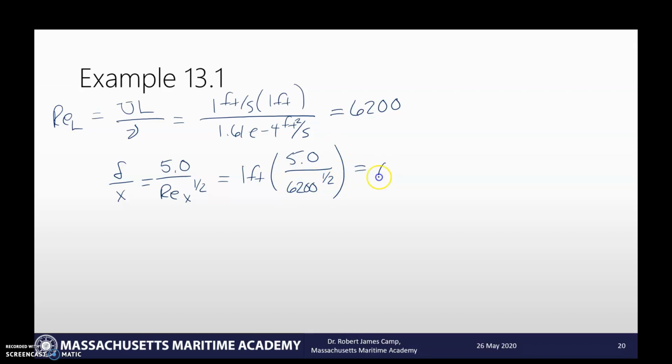And we calculate that out, and it's going to be 0.0634 feet, which is about 3/4 of an inch of air. That's kind of small. That's not super small, but that's pretty small.